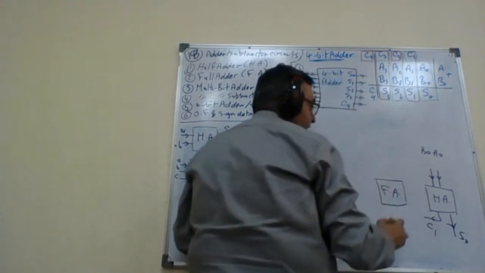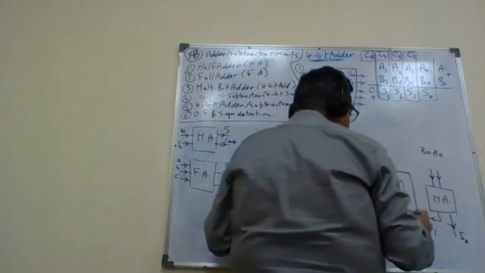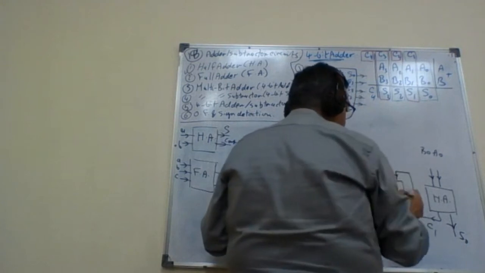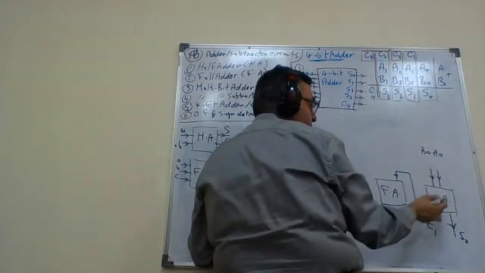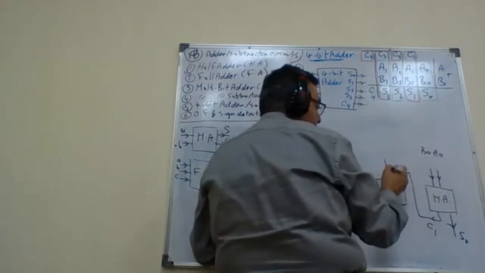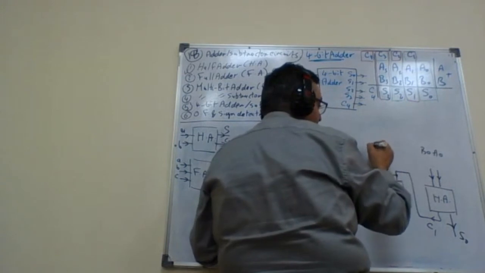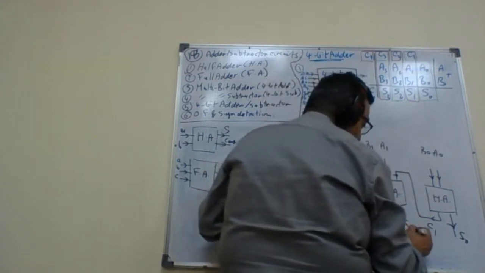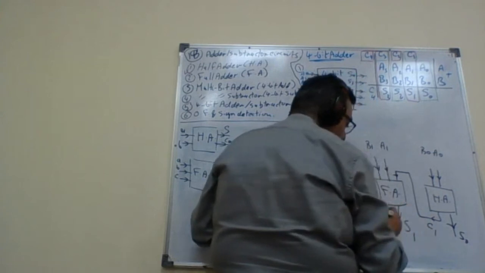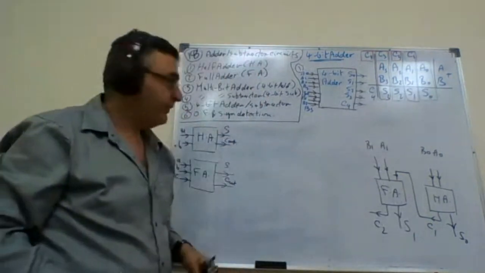This full adder is supposed to add the C1 coming from the output of the first block to A1 and B1, and it should give me S1 and C2 to perform the second operation.